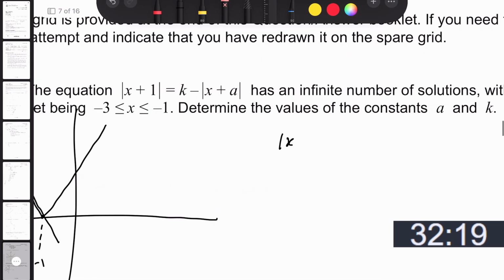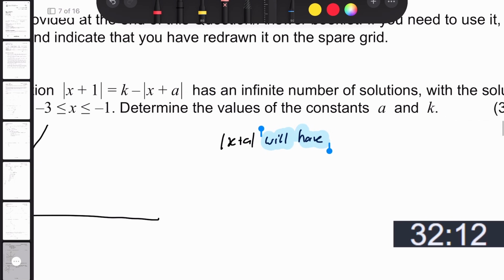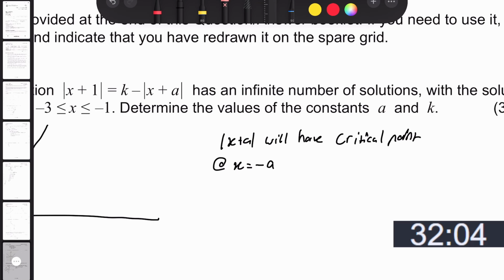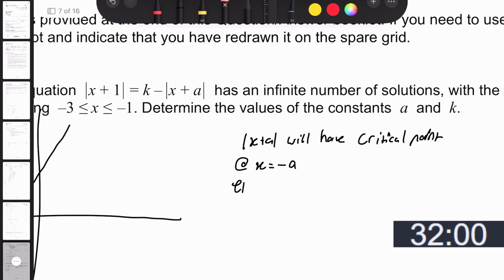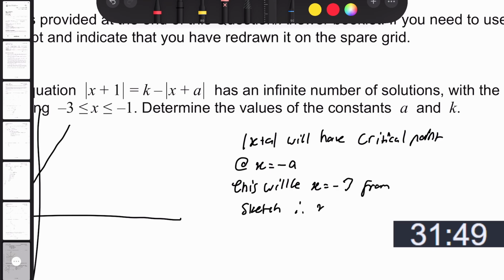x plus a will have a critical point at x equals -a. This will be the x equals -3 from the sketch. Therefore, a is equal to 3.